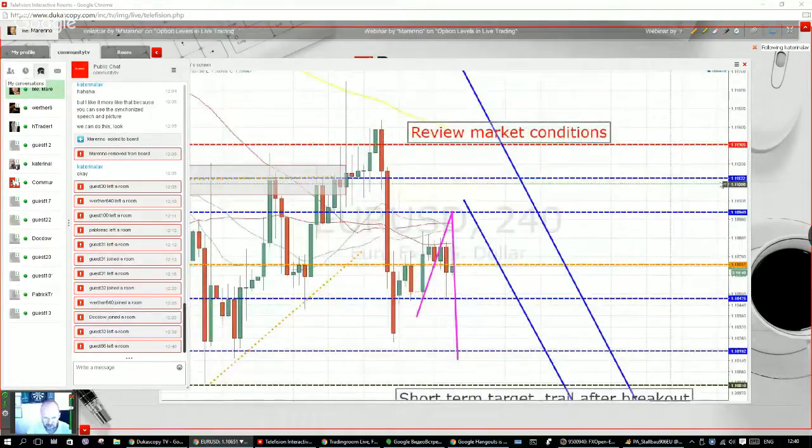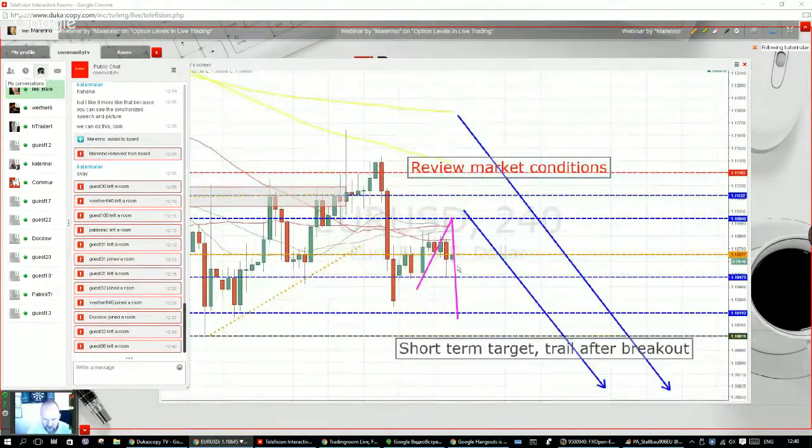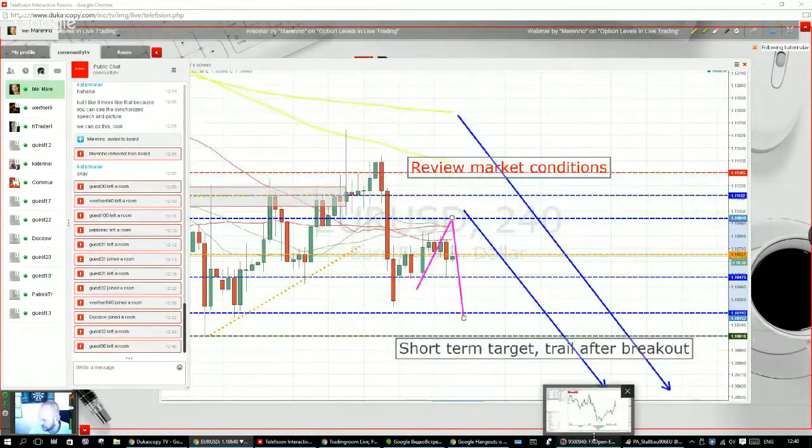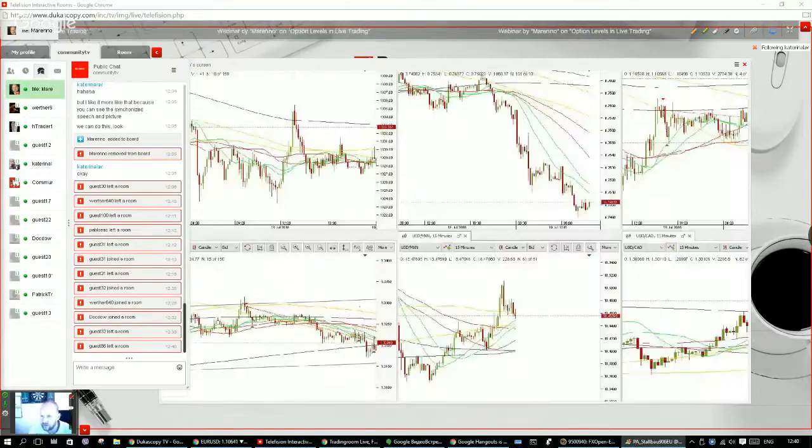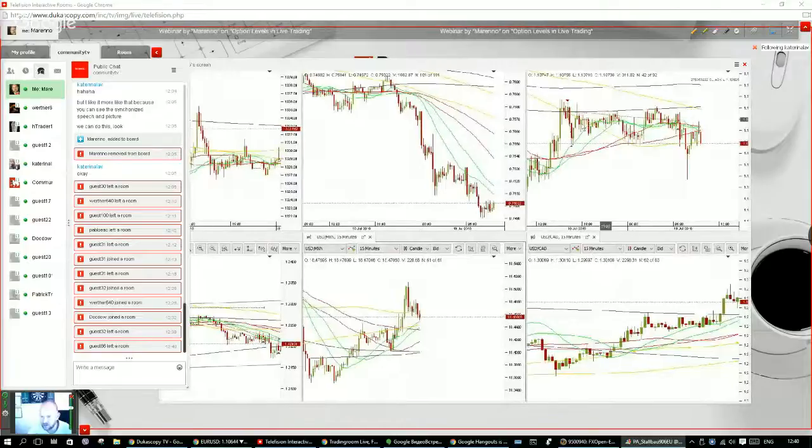It's euro dollar. I'm in short here. I hope that I'm still in short. Let me check it. Or was it closed? No, I'm still in a short position, as you can see. So basically what has happened here, the old position was sold here.